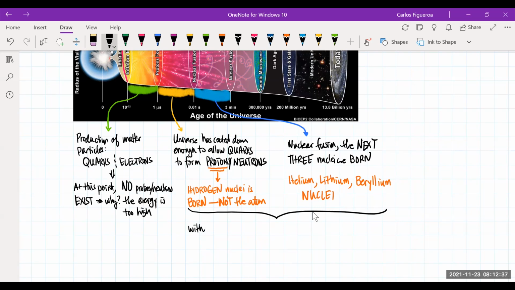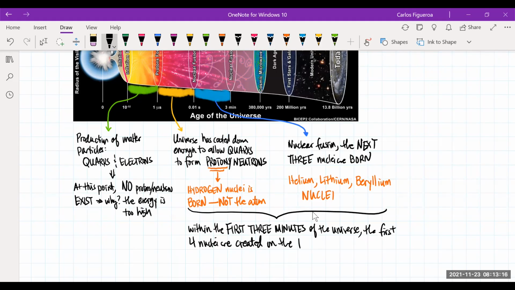Within the first 3 minutes of the universe, the first four nuclei are created on the periodic table.